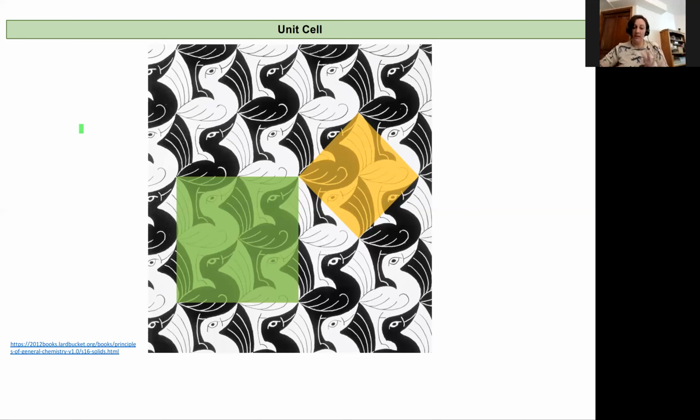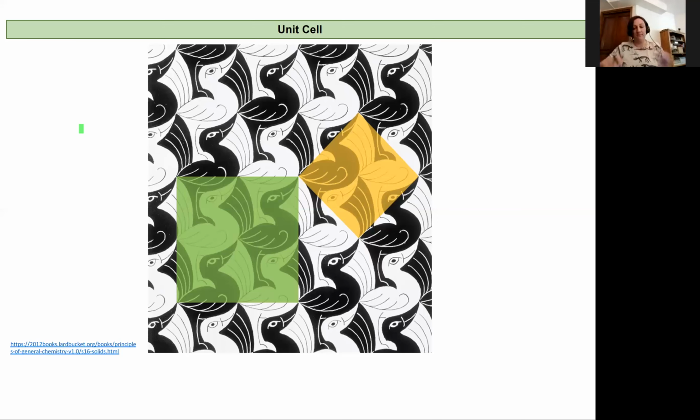Here's one with ducks, and they're alternating colors, white and black, so you can actually see them. The beautiful thing about these MC Escher drawings is that he takes a unit and repeats it and creates the image with it. You can create this entire image with just one of these little ducks that you then put right next to each other.